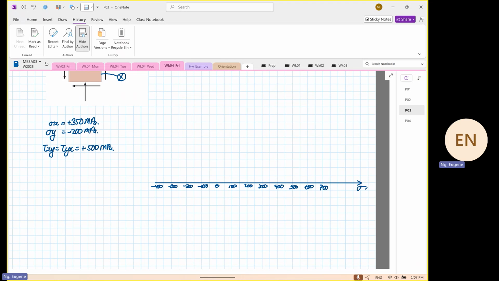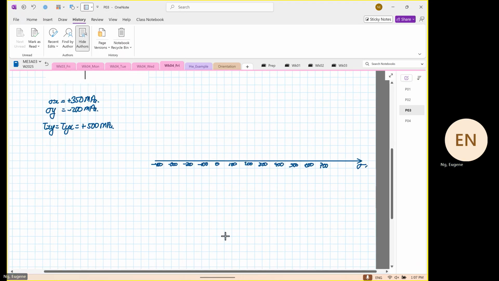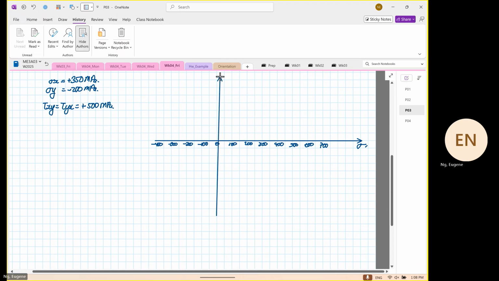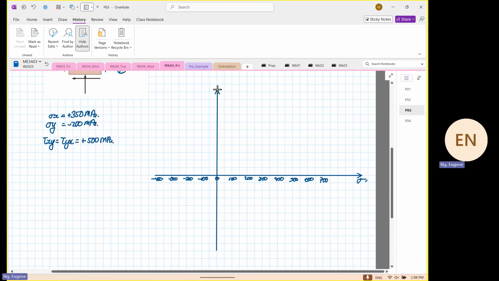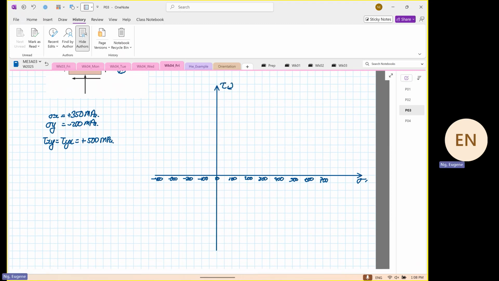This is normal stress. And then on your shear stress, this is your shear stress. Shear stress, element rotating clockwise, element rotating anti-clockwise. So this is 100. Make sure the scale is the same. If the scale is different, you will not get Mohr circle.